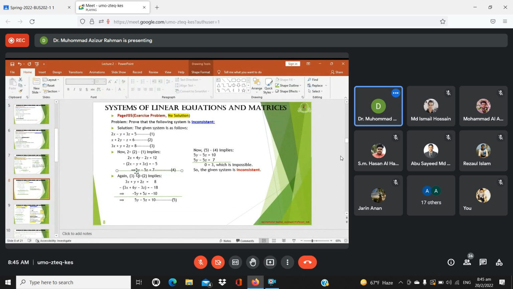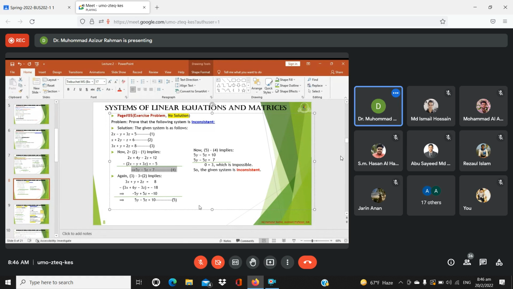Then 2x is gone. So we get 4y minus y, that means 4y plus y, you get 5y. Then minus 2z minus 3z, so minus 5z equals 12 minus 5. So this is your equation number 4.